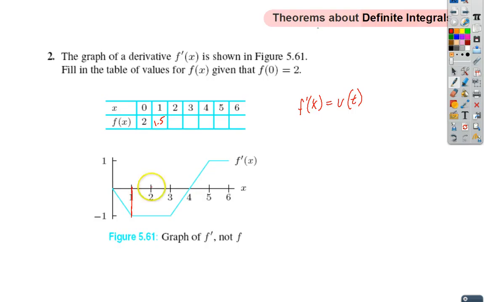Then in the next second, I went backwards because this is below the x-axis, another 1. So I subtract 1. Then I go backwards another 1, that's that one there, negative 1.5. And then I go backwards another half. It goes to negative 1.